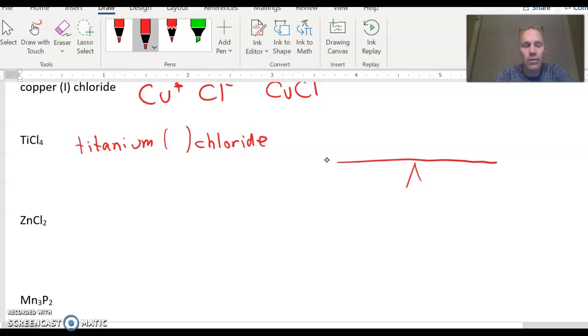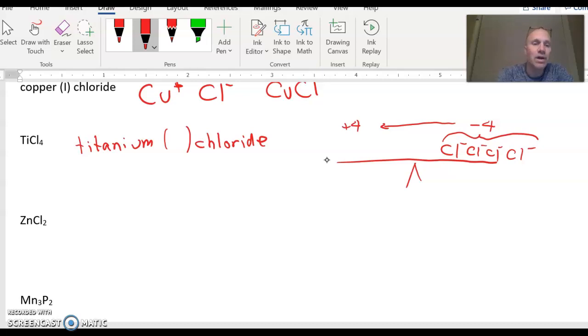We have 4 chlorides in this compound, so there are 4 of these ions right here. Those add up to a -4 charge, so that -4 charge has got to be balanced by a +4 charge.